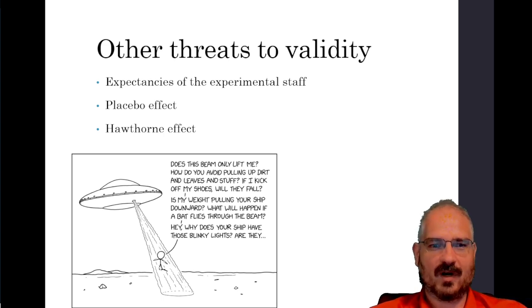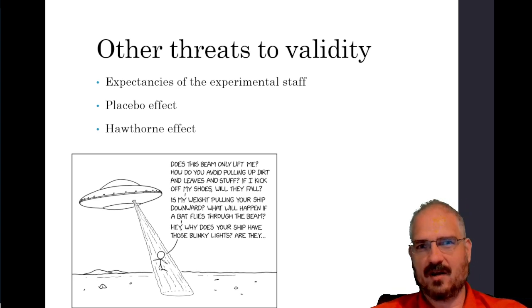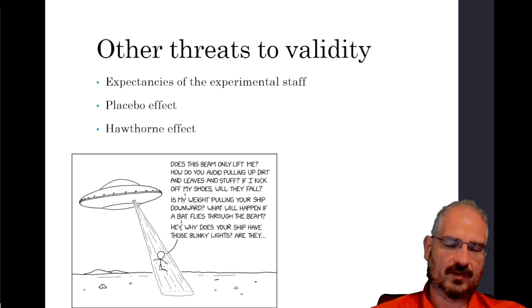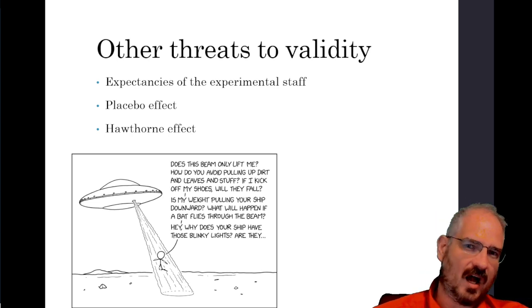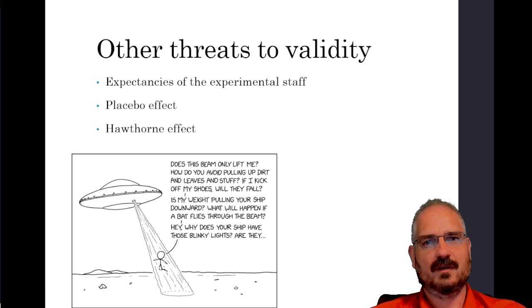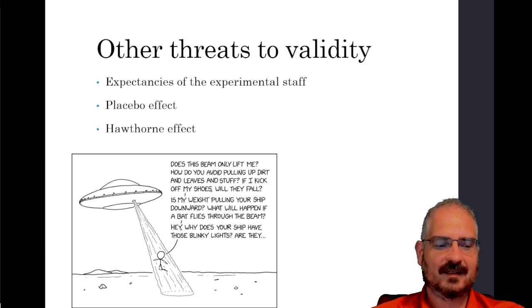All right, another thing we have to worry about are the expectancies of the experimental staff, right? So if I'm the one in charge of doing the observing, whether it's running medical tests or doing interviews or coding data from a questionnaire or whatever, if I know what's going on and I know who's in the experimental group and who's in the control group and all those things, I am going to make, usually not conscious, usually subconscious, changes in what I do and how I do it and how I act based on what I expect, right?